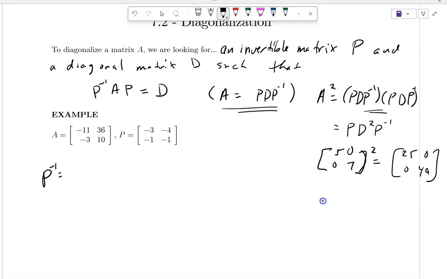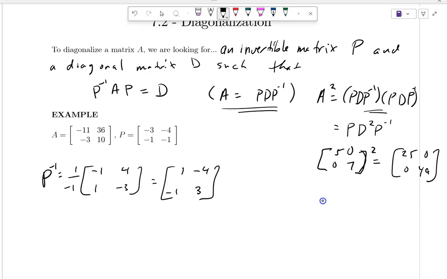Determinant here is 3 minus 4, which is negative 1. So you'd have 1 over negative 1 times negative 1, 4, 1, negative 3. Remember, you do 1 over the determinant and then times the adjoint. The adjoint for a 2 by 2 is flip the main diagonal and negate the off diagonal.